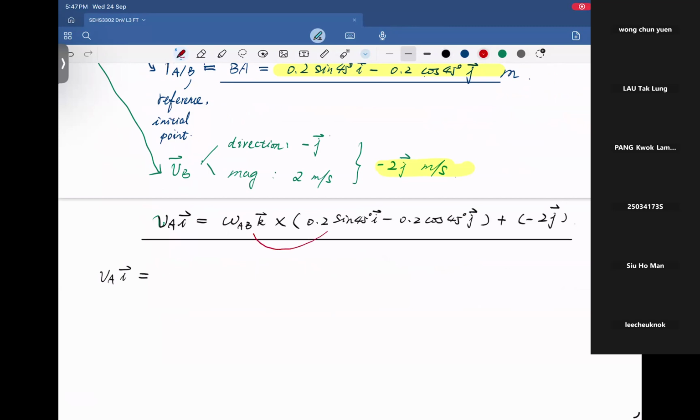Omega AB times 0.2 is 0.2 omega AB, K cross I, which is positive J. Then omega AB K cross the later one, we have sine 45.